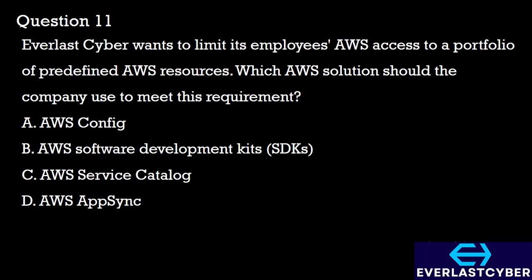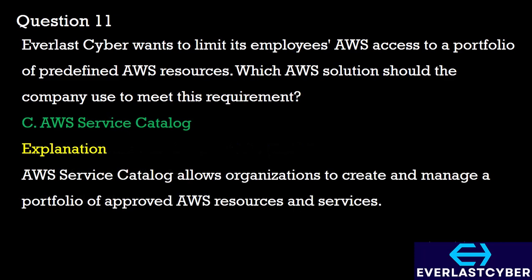AWS Service Catalog allows organizations to create and manage a portfolio of approved AWS resources and services, while AWS AppSync is a service for building scalable GraphQL APIs, but it is not related to resource access control. So for this, our answer here is option C.